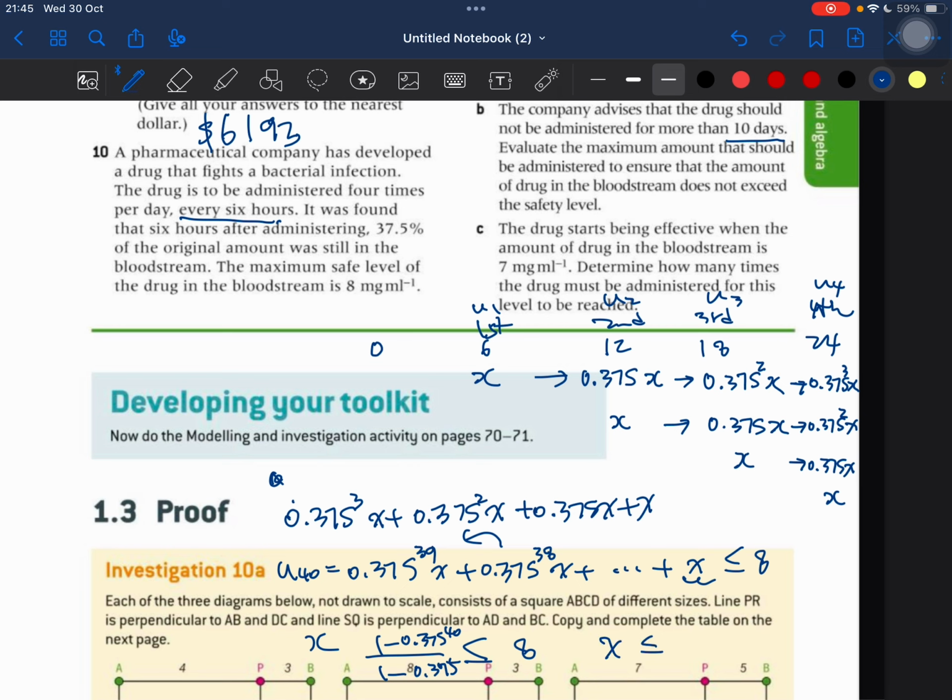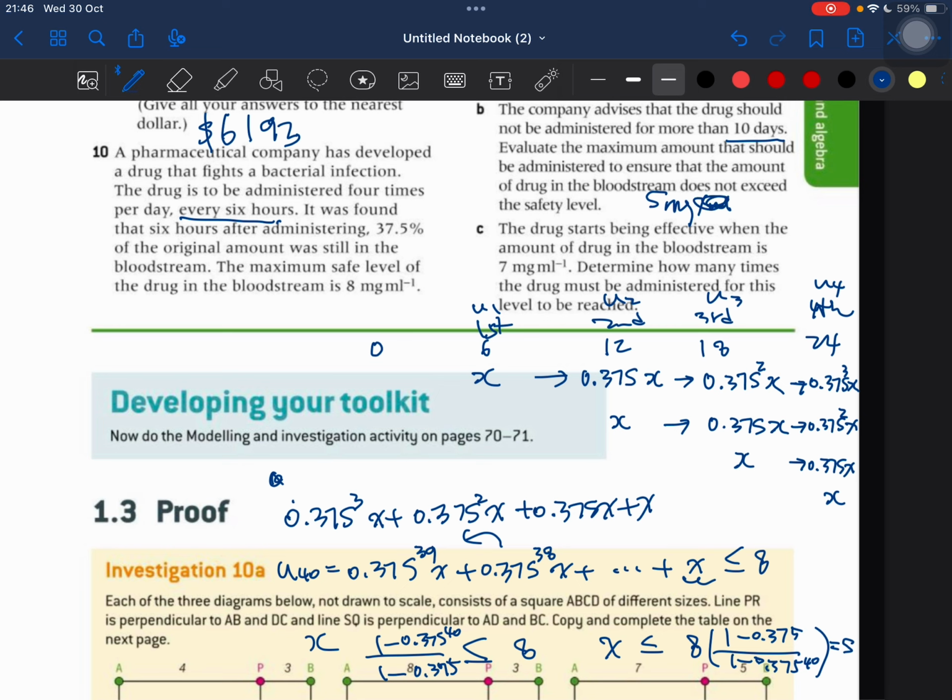When I calculate it, x is 5, because that amount is the maximum amount which can be safe on the 10th day. So 5 milligrams per milliliter.